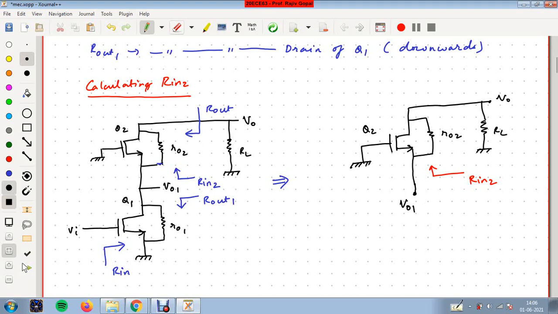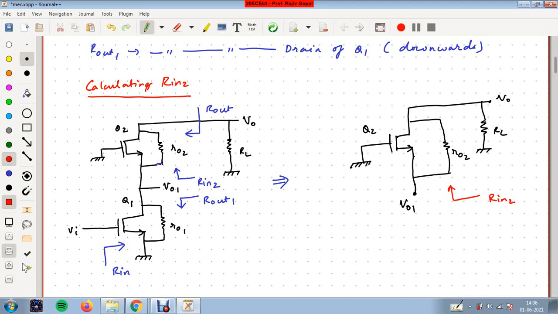I'll make the diagram slightly bigger so that I can accommodate all the currents. I'll call this ro2, and this impedance seen like this is Rin2. So I have to find Rin2 now.